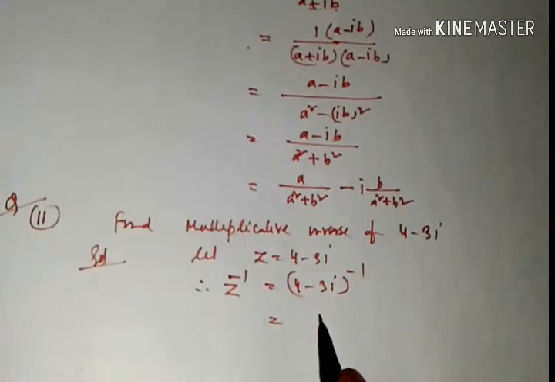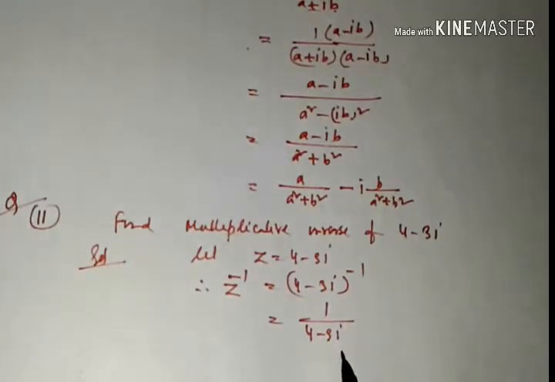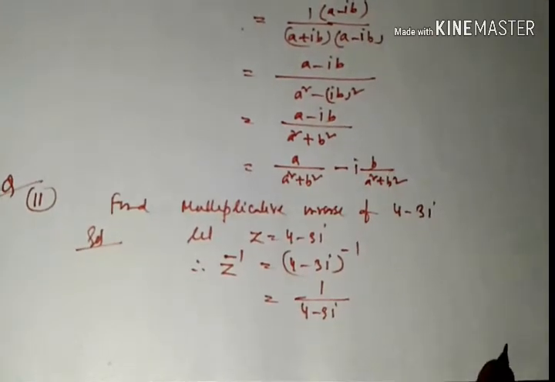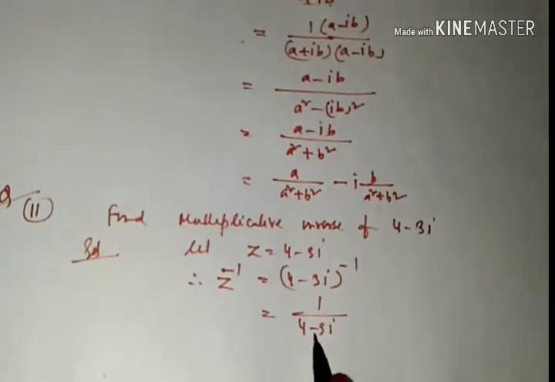We have to simplify it. This is 1 by 4 minus 3i. We cannot write any number including i in the denominator. Therefore we have to remove i from the denominator. For this we have to multiply the denominator with 4 plus 3i.